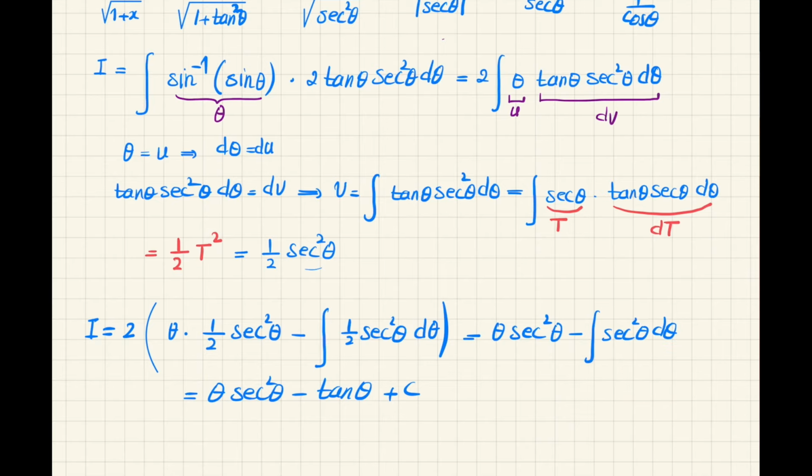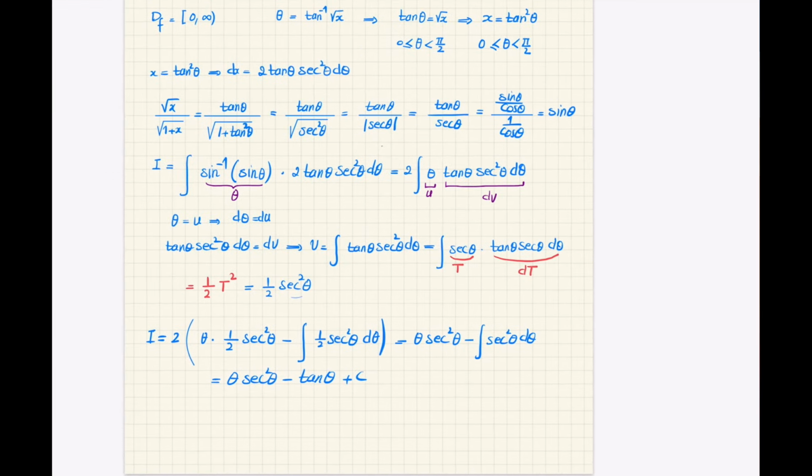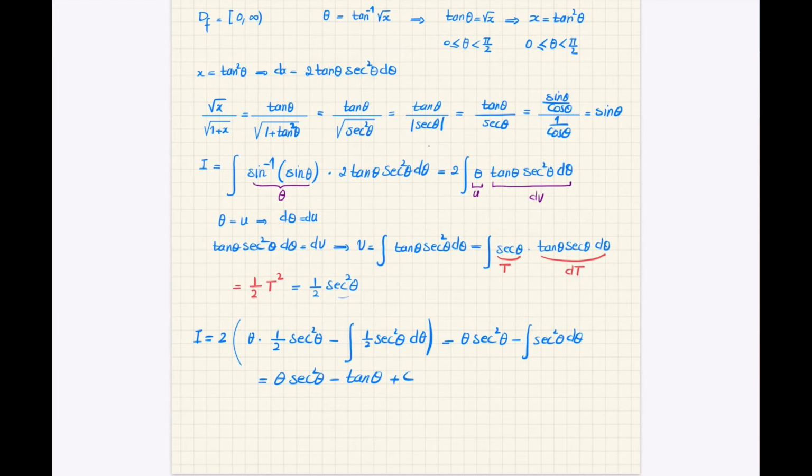And then I have to rewrite everything back in terms of x. So you see that this theta here is tangent inverse square root of x. Let me write it in this way. Instead of theta secant squared, let me write theta times 1 plus tangent squared theta, minus tangent of theta.